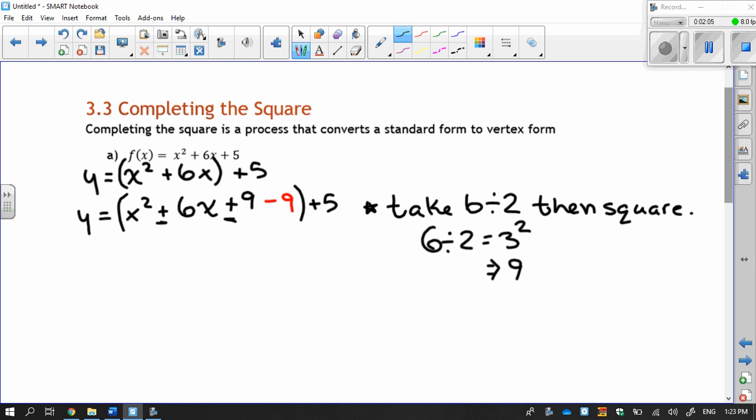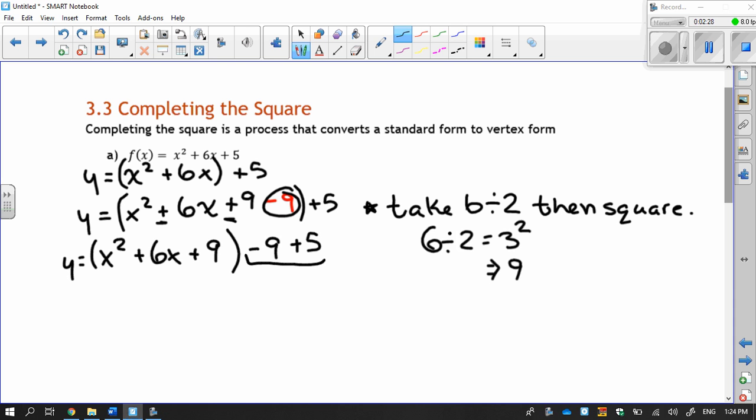So what we do now is we have to kick out this negative 9 because we don't need him. He's not giving us our perfect square trinomial. x squared plus 6x plus 9, then subtract 9 on the outside of the brackets and plus 5. That lets us combine here, and it lets us factor this perfect square trinomial.